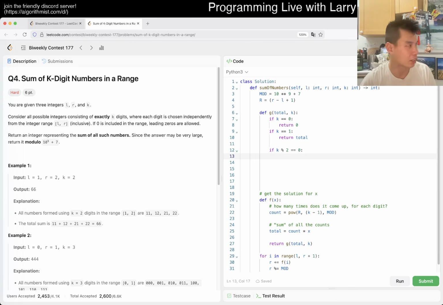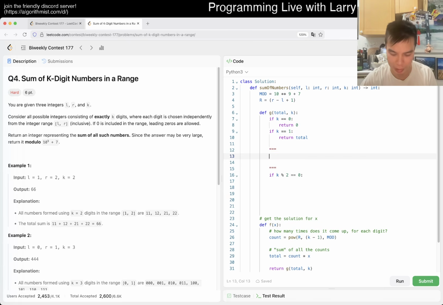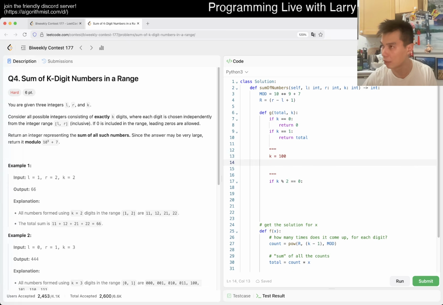It is not the same as FFT, but basically I have it in my head, but maybe I'm not articulating it right, so I want to write it down. Let's say k is equal to 100. What does k equal to 100 mean?